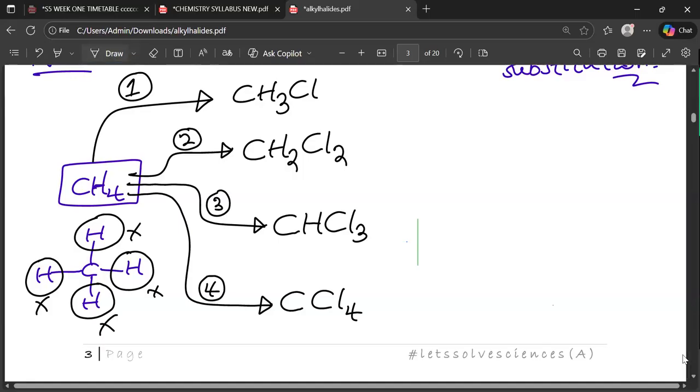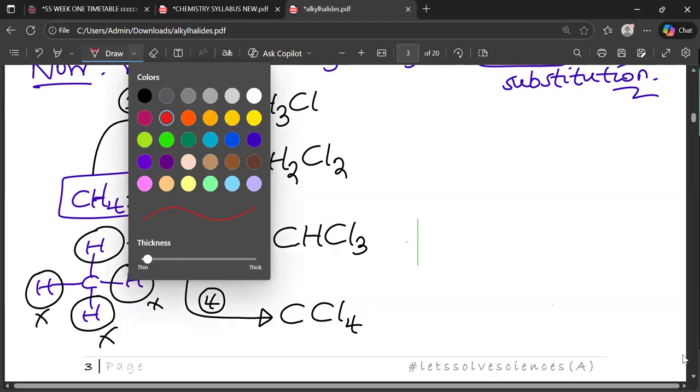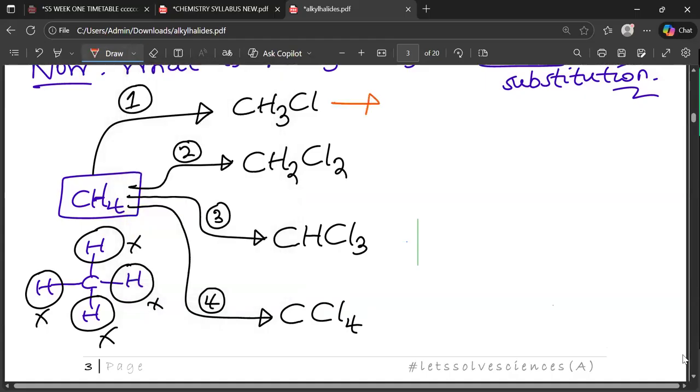Remember what we are forming. Whatever we are forming is a halide. Hope you know that. Halide, which can be chloride, bromide, iodide. I explained all that. So here where only one has been replaced, this is what they call monohalide. Mono because of one.